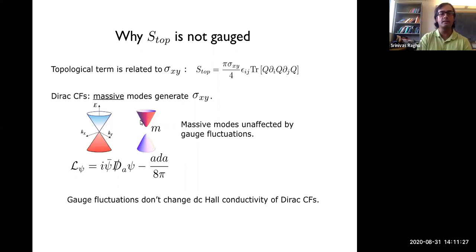All Hall conductivity comes from the heavy massive partner, which is at some high energy scale that doesn't couple to the gauge bosons, it doesn't couple to the disorder, and it by itself preserves a half integer multiple of sigma xy that is unaffected by gauge fluctuations. Okay, so gauge fluctuations do not change the DC Hall conductivity in the Dirac composite fermion theory.